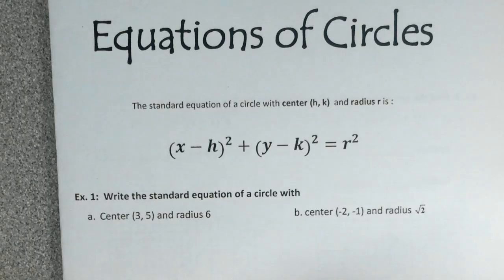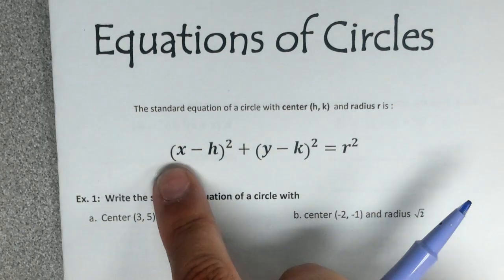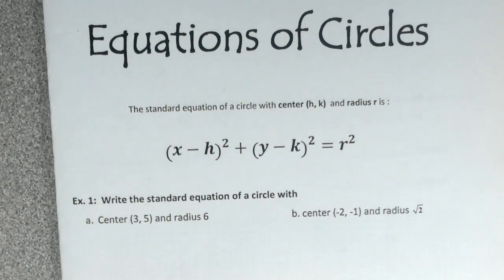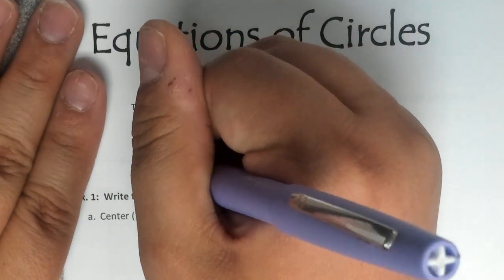Do you remember the distance formula is x2 minus x1 squared plus y2 minus, and we had to square root it? Okay, that is the distance formula. Where does the distance formula come from? Pythagorean theorem. This is c squared, a squared, and b squared. So all of this is connected to triangles and circles.